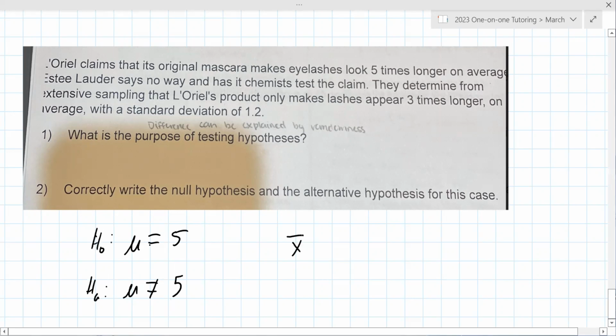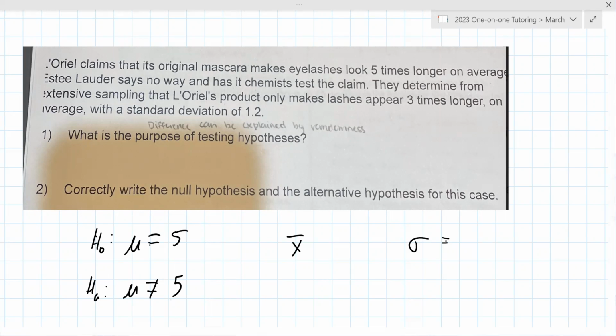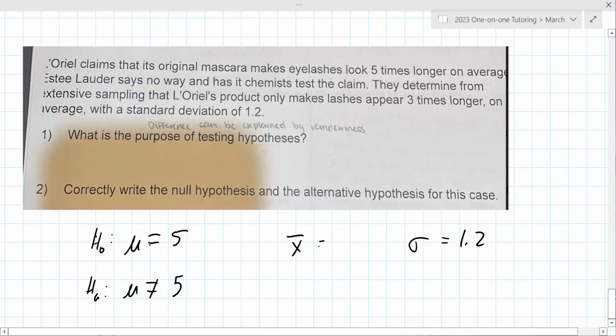What is the X bar and the sigma for this? Sigma is 1.2 and X bar is the only other number, 3.